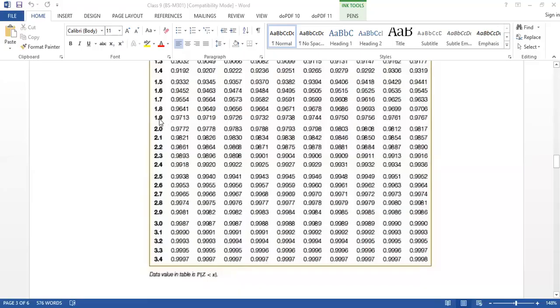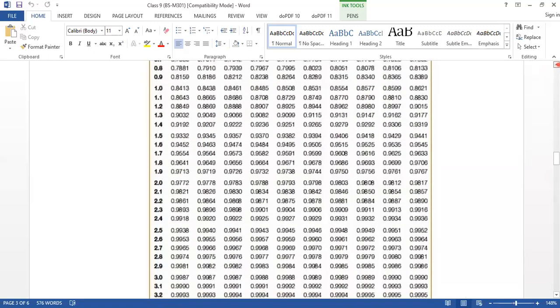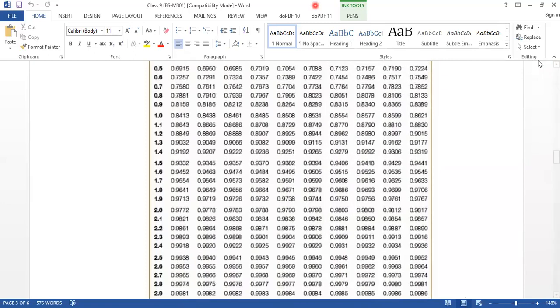Just a minute. 1.19 means this is 1.1 and this column is the 0.09 column. So 1.19 means 1.1 plus 0.09.